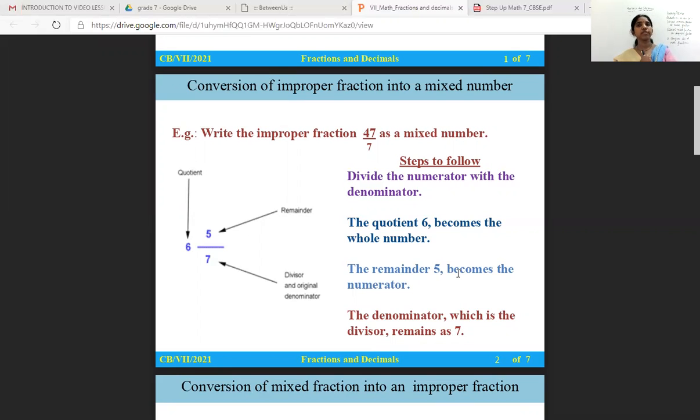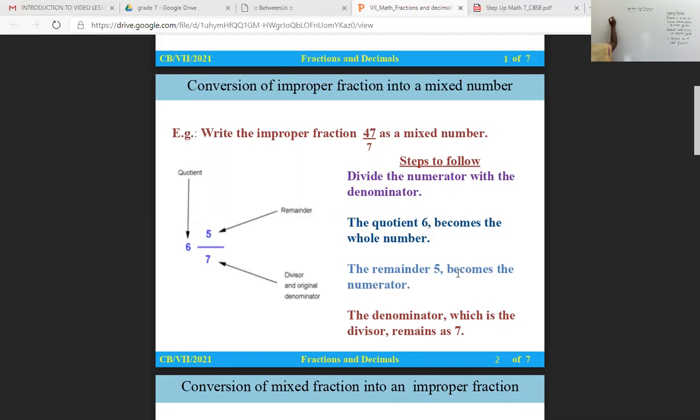So what is a mixed fraction? Yes, you have studied that also. A mixed fraction is a whole number and a proper fraction together. Let us start solving. Let us learn how to convert it.